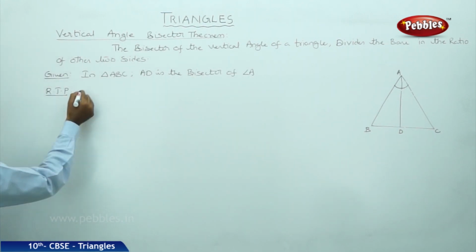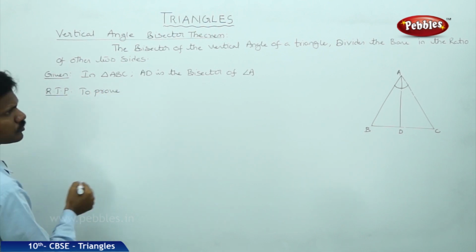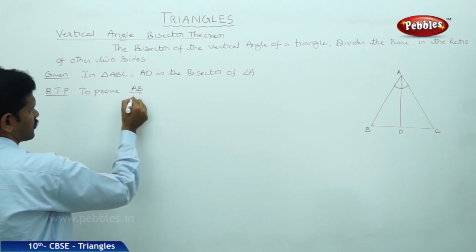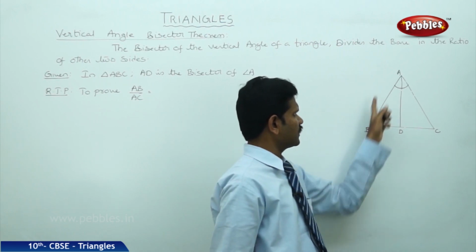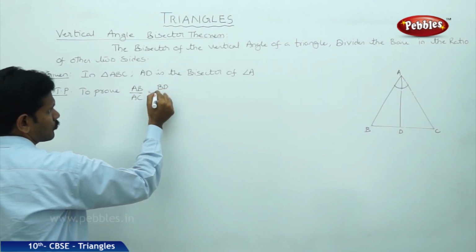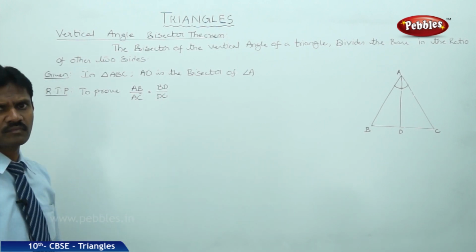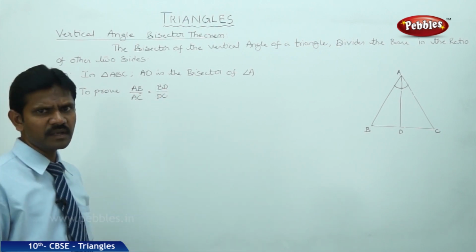That is, to prove AB by AC is equal to BD by DC.